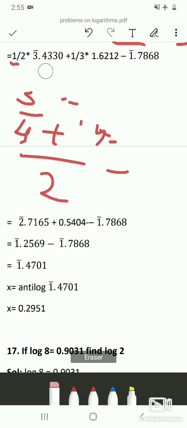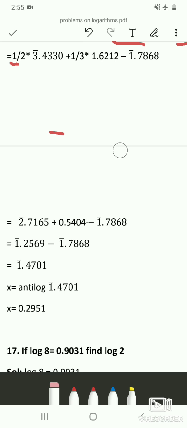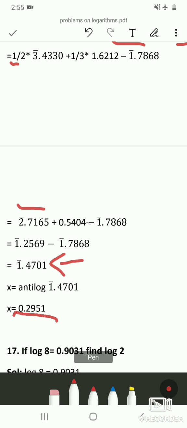So using this you simplify and you'll get the answer as bar 2.7165 plus 0.404 minus bar 1.7868, and again simplify. The final answer is minus 1.4701. So x is equal to antilog of bar 1.4701 and the final answer is 0.2951.